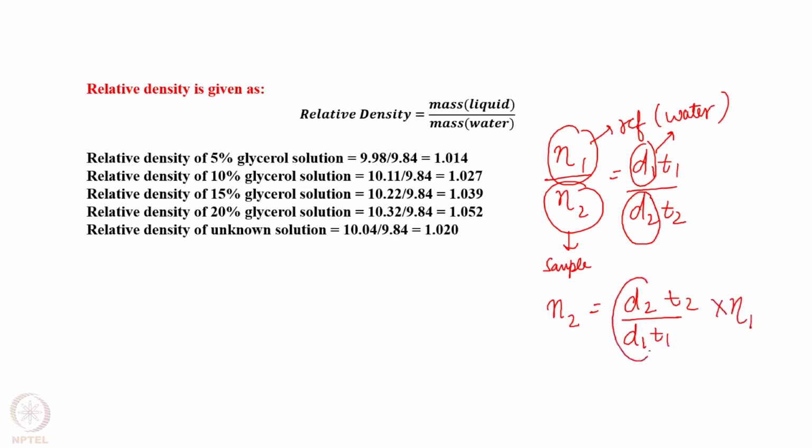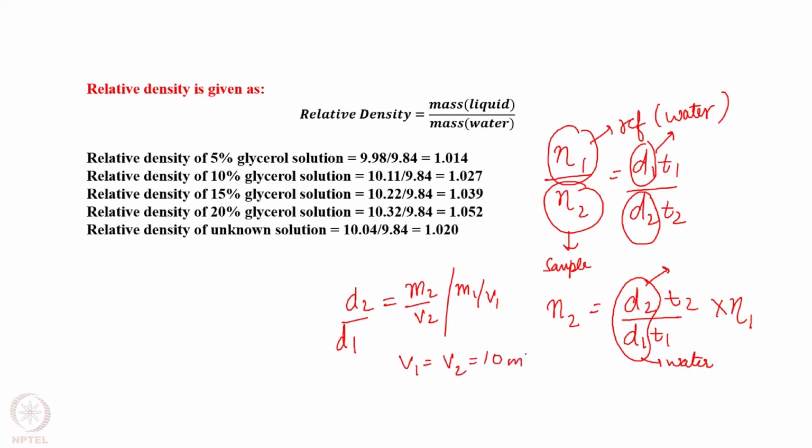Now d2 by d1 is the ratio of the density of the liquid under study to that of water. We call this ratio the relative density. Density is mass per unit volume, so d2 can be written as m2 by v2 and d1 as m1 by v1. Since our specific gravity bottle has a volume of 10 ml, v1 is equal to v2 is equal to 10 ml.